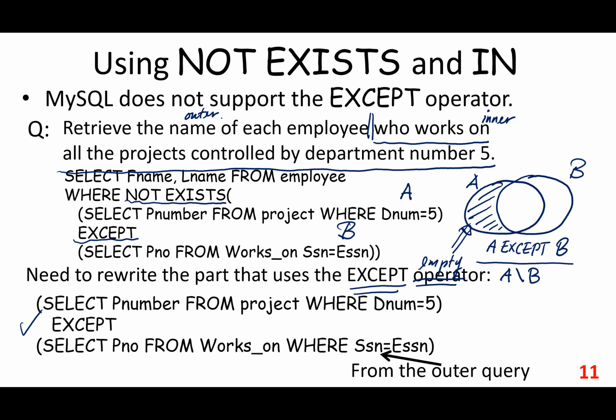So here we need to get around it. Next, there is a way we can get around it, using the not in operator to get around that except operator. Still, we can do the same thing.